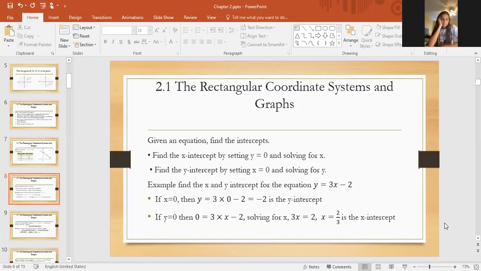If you have an equation, y is a function of x, you may find the x-intercept by setting y equals 0 and the y-intercept by setting x equals 0. For example, if we have the equation y equals 3x minus 2, then if x equals 0, y equals -2, that is called the y-intercept. And when y equals 0, x equals 2 over 3, that is called the x-intercept.